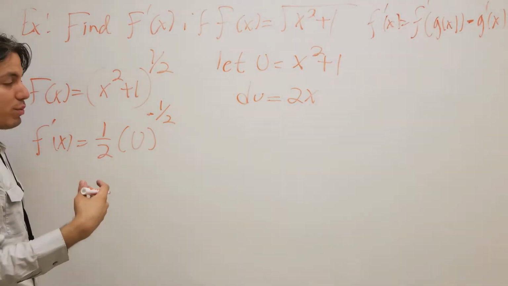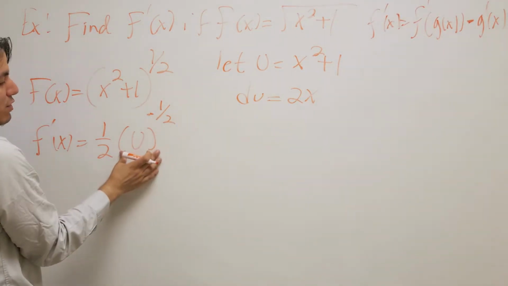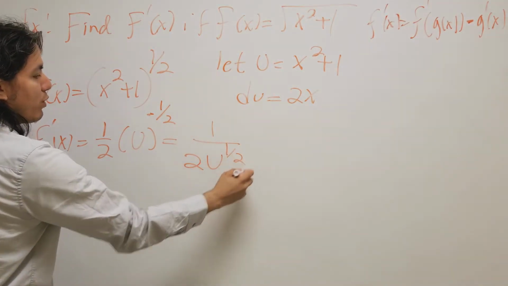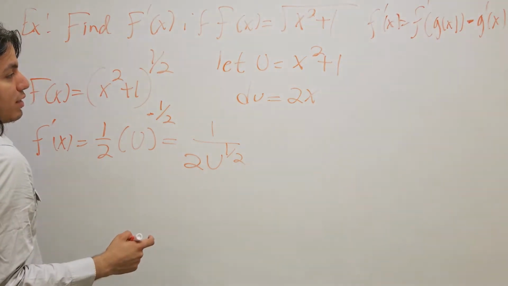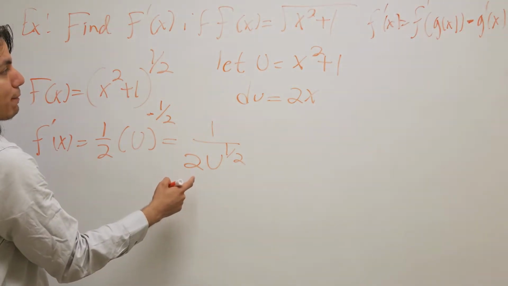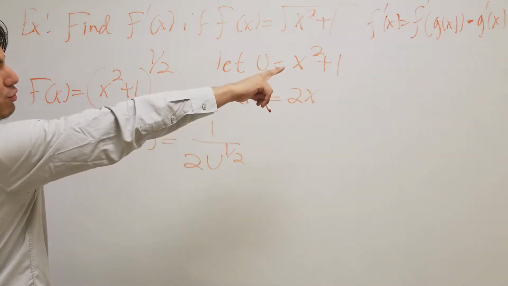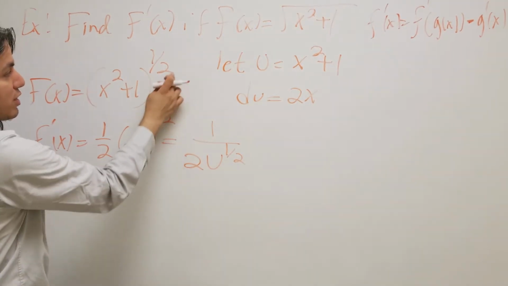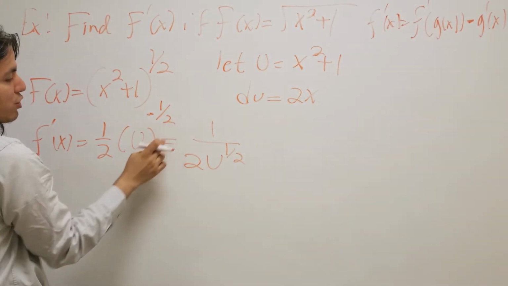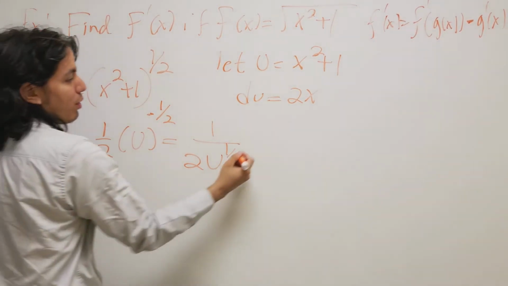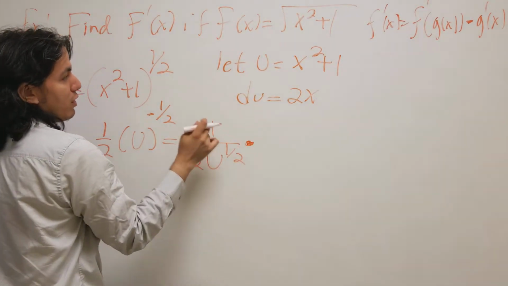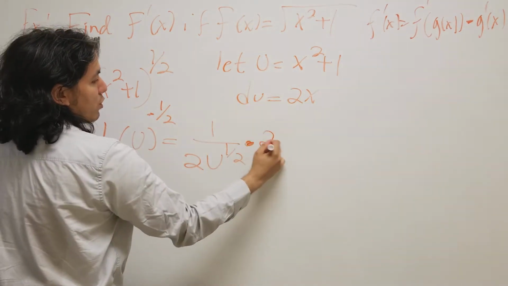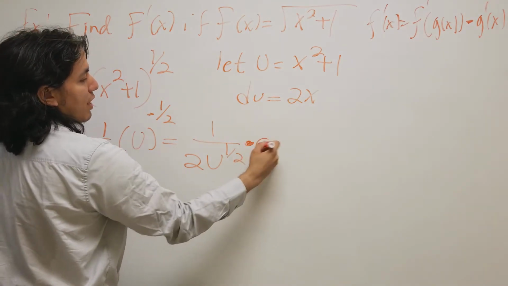Then, using some algebra, the negative 1/2 is affecting the u, so it becomes 1/2 times u to the negative 1/2 power. You can clearly see that we have the derivative of the outer function, and then we need to multiply it by the derivative of the inner function, which is 2x, so it's times du.